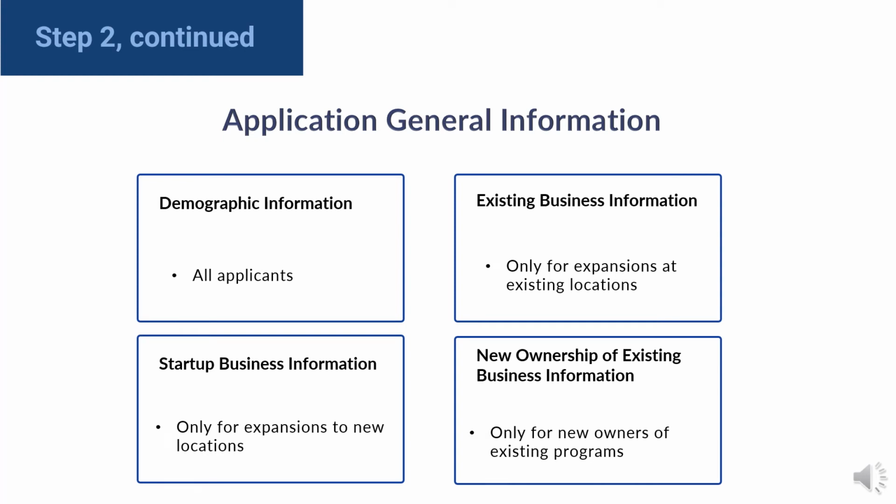Existing business information. Are you currently open and providing care to one or more children? If not currently open, please explain your reason for closure and provide your anticipated reopening date.